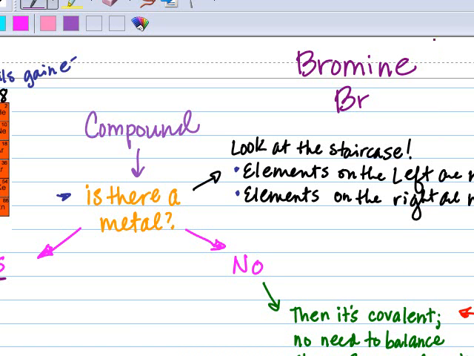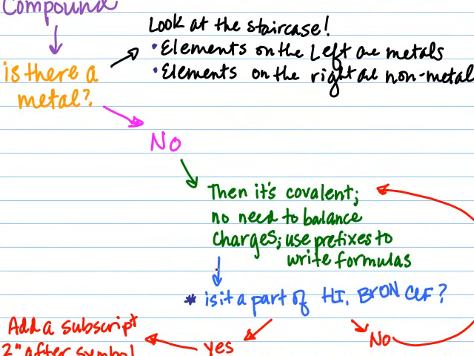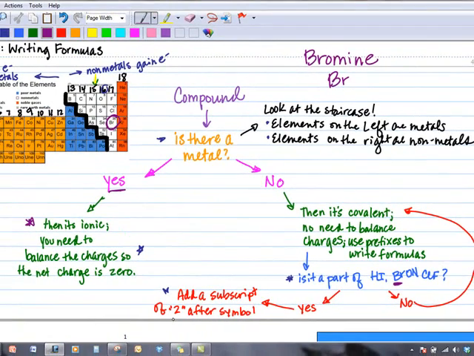But look, bromine doesn't have any prefixes. Look at our next question, the blue one. Is it a part of HI BrONClF? And look, there it is, bromine. What that means is that bromine itself has a formula of Br2.